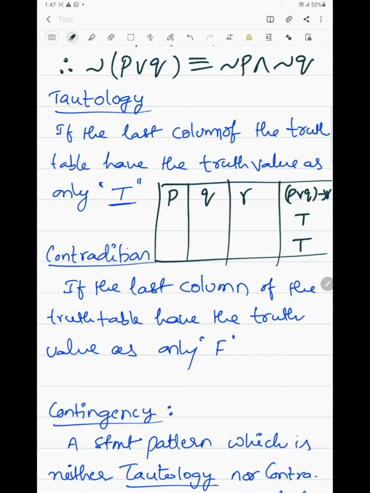Then that type of statement is called a tautology. Got it? The last column should have entries only T.